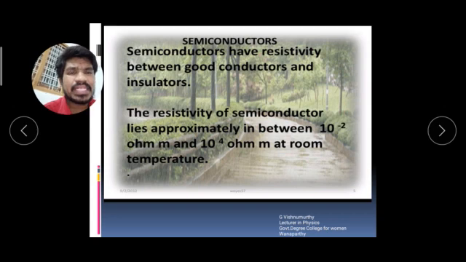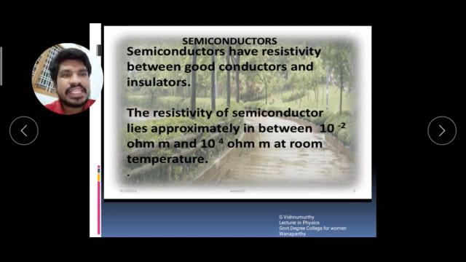Here you know that according to Ohm's law, V is equal to IR, where V is voltage, I is current, and R is resistivity or resistance. Therefore R is equal to V by I, so we get the unit of resistivity as ohm meter.